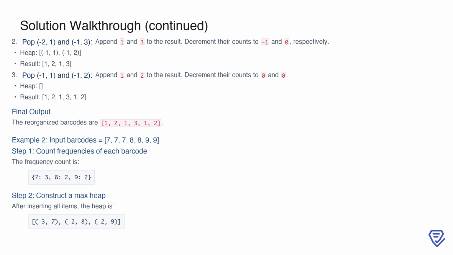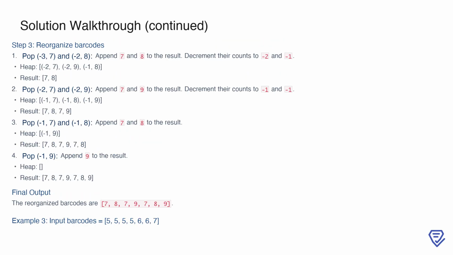For the second example, the input barcodes are 7, 7, 7, 8, 8, 9, 9. Counting the frequencies gives us 7 appearing 3 times, and both 8 and 9 appearing 2 times each. We build the max heap, which now contains (-3, 7), (-2, 8), and (-2, 9). To reorganize these barcodes, we follow the same process.